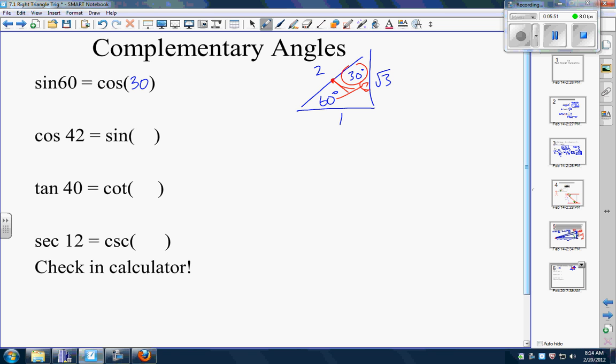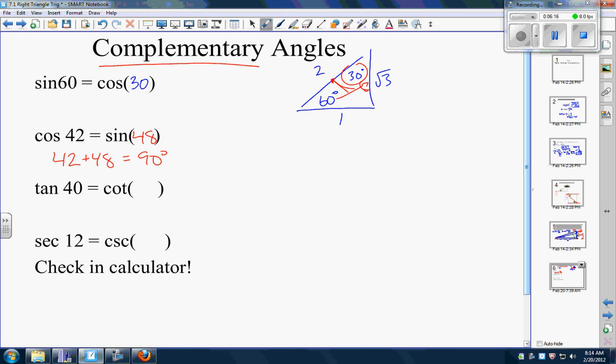Okay? So if I ask for the cosine of 42, it's going to be the exact same thing as the sine of 48. Because 42, 48 get us to 90. Complementary means they add to 90.